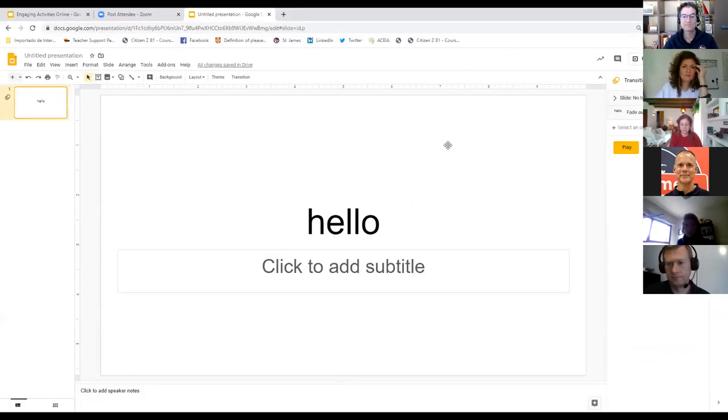Or has somebody asked about breakout rooms? Breakout rooms, yes. Thank you for asking that. I'm going to use those this afternoon with my students. I'm not going to do it now. If you want, we can do it next week. But basically, you send students to their own classroom in their own group.